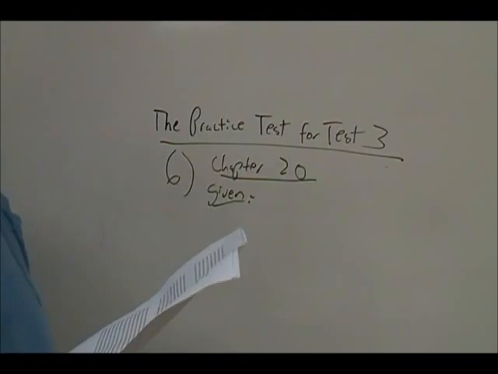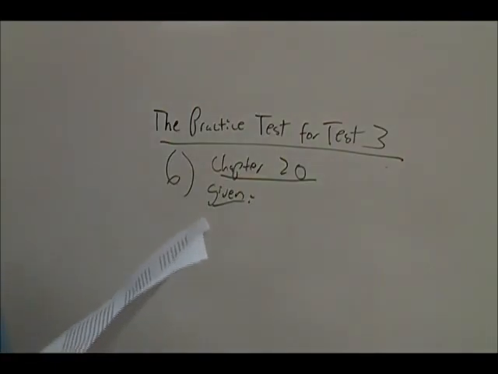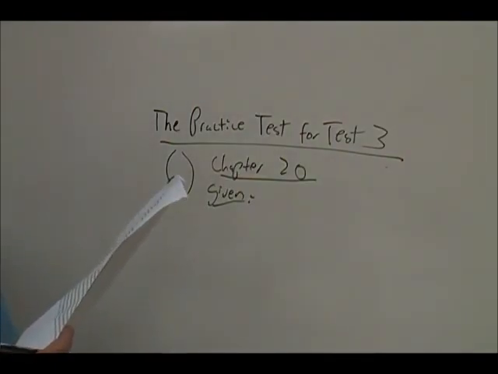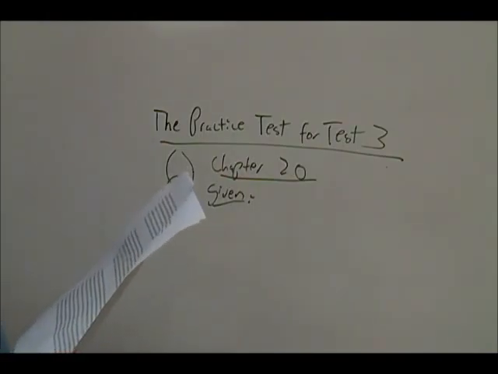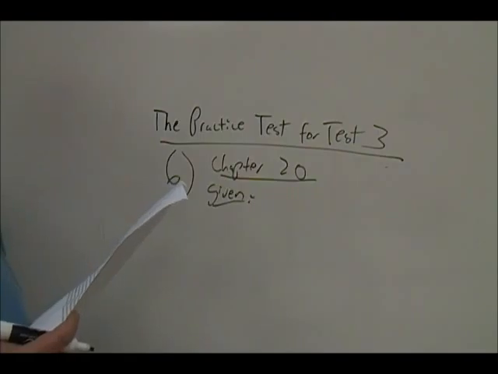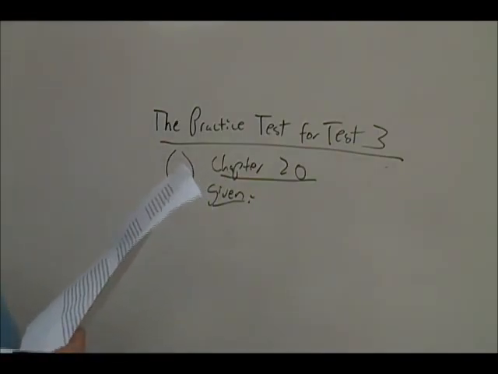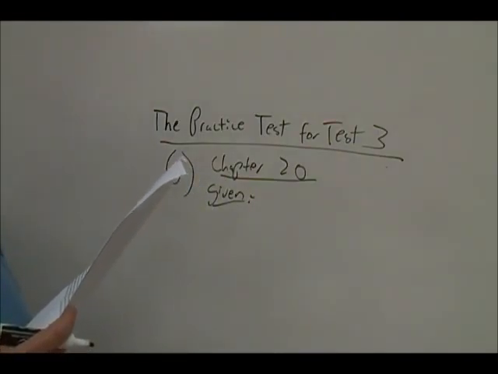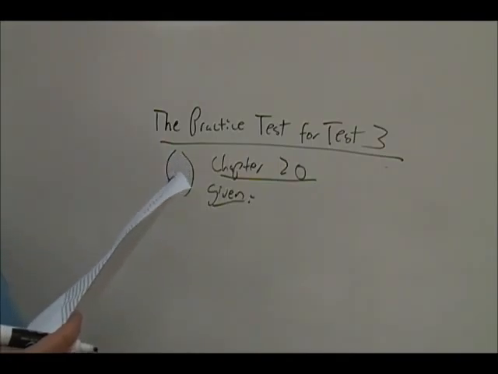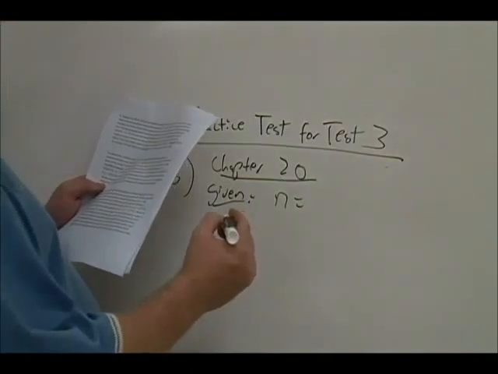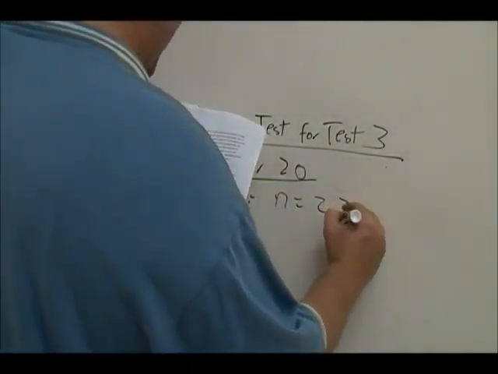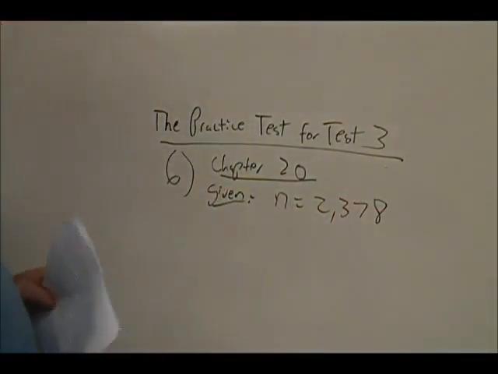Shortly after the voting booths close in the state, the results of an exit poll are given, in which a random sample of 2,378 voters were asked who they voted for. So the sample size for this study is 2,378. That's the number of members in the random sample.